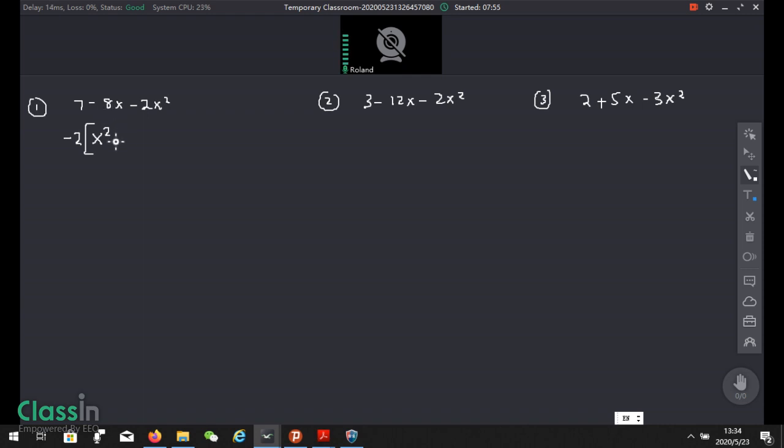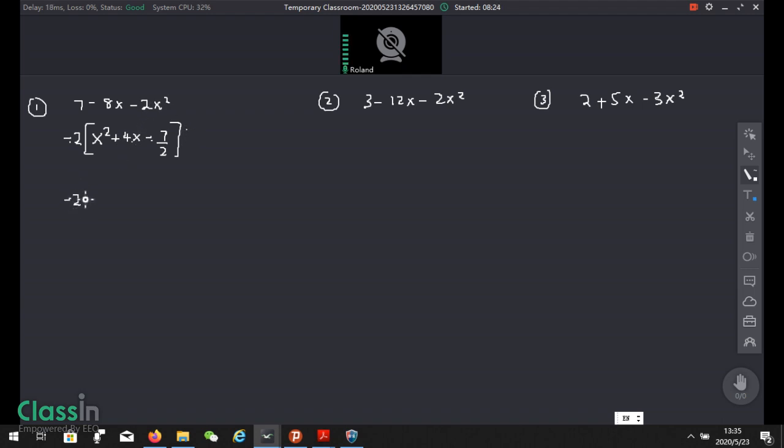And negative 8 will become positive 4x, because when you multiply negative 2 by 4, you get negative 8x. And positive 7 will actually be negative 7 over 2, so that when we multiply negative 2 by negative 7 over 2, we get positive 7.